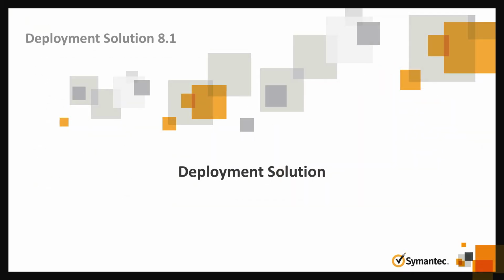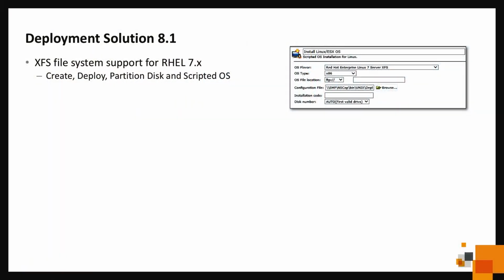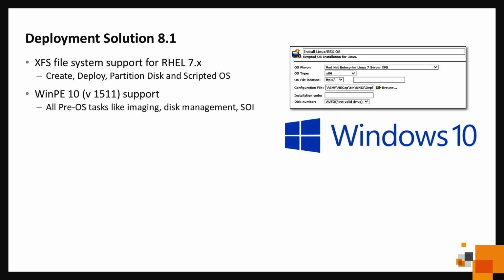Okay, deployment. We have XFS file system support for Red Hat Enterprise Linux 7. This includes creating, deploying, and partitioning disks, as well as scripted OS for this operating system. WinPE 10 version 15.11 support, so you can create your boot environment with WinPE 10 now.